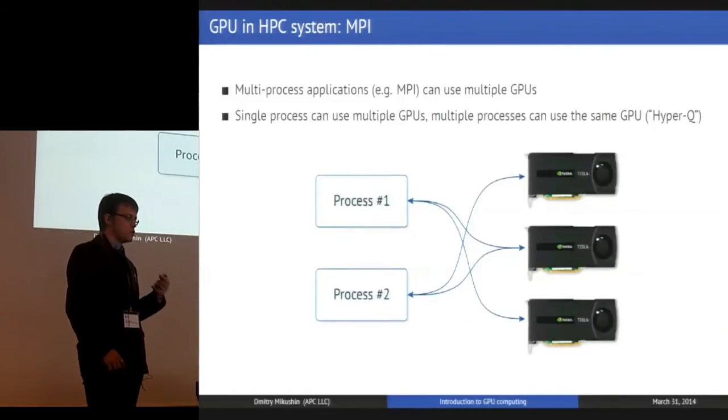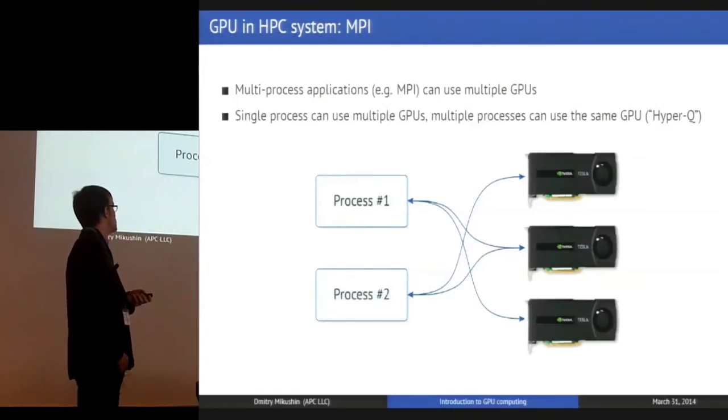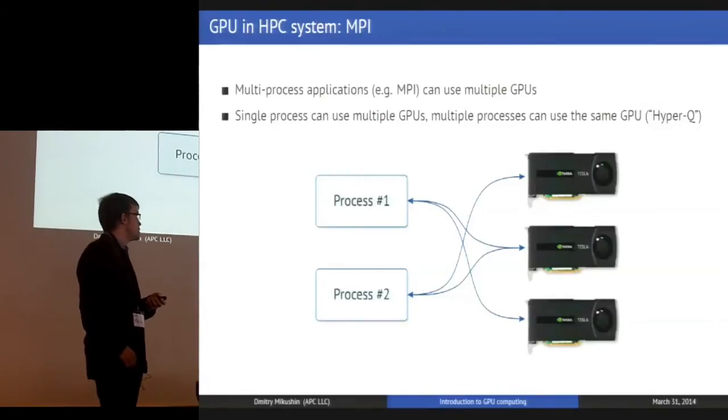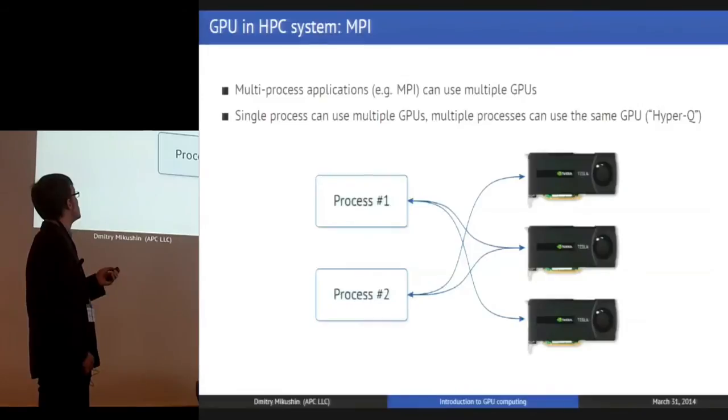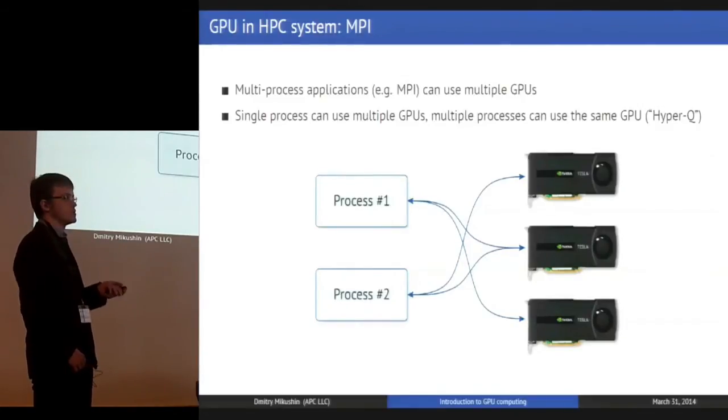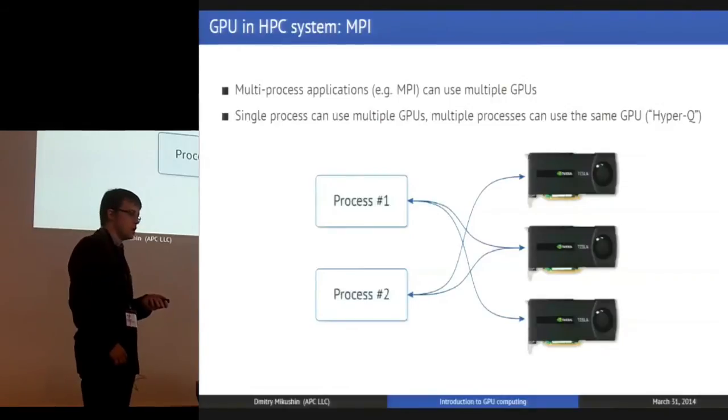Since GPU computing aims to be used in scientific research, it is essential to make it play together with existing parallel programming models. So, for instance, you can seamlessly use multiple GPUs in multiple processes, for instance, MPI processes.